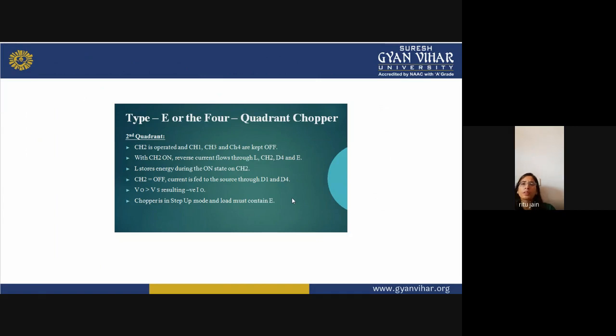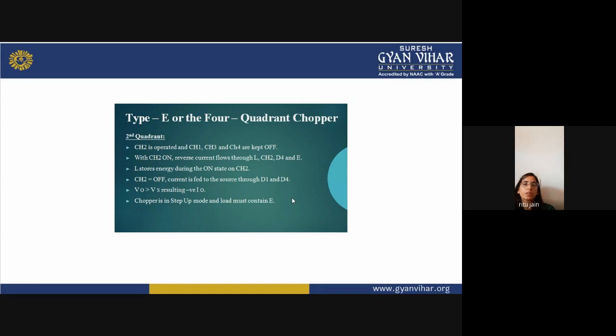In the second quadrant, CH2 is operated and CH1, CH3 and CH4 are kept off. With CH2 on, reverse current flows through L, CH2, D4 and E, and L stores energy during the on state of CH2. When CH2 is off, current is fed to the source through D1 and D4, and the output voltage is greater than the input voltage, resulting in negative output current.